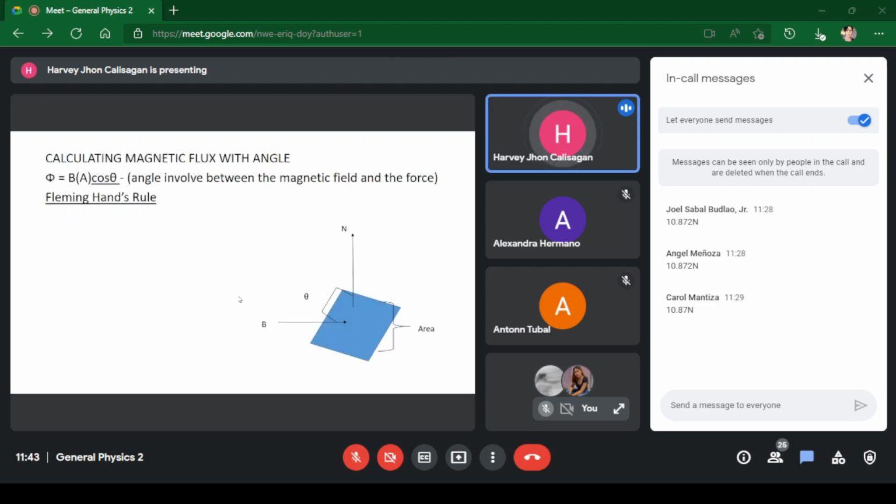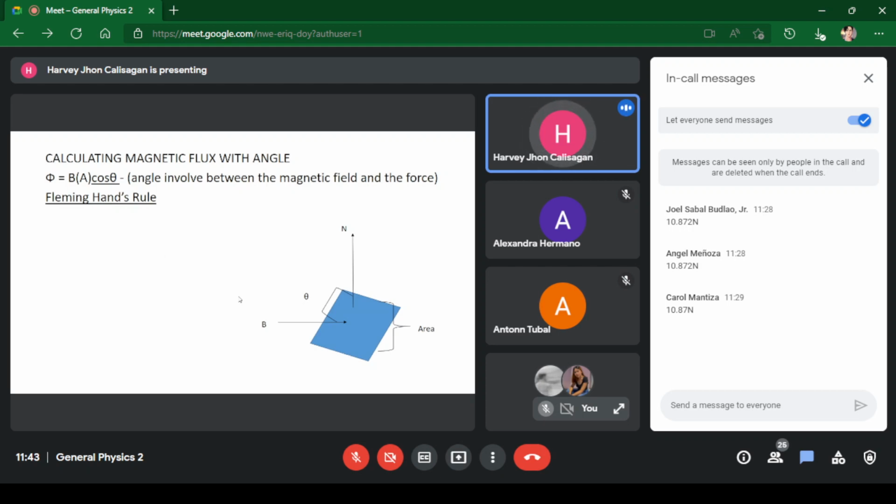Okay, so just like the magnetic field, class, we can also include an angle, especially when you're calculating the magnetic flux. So if the magnetic flux is affected by the presence of the force, then there will be an angle involved with respect to the area.